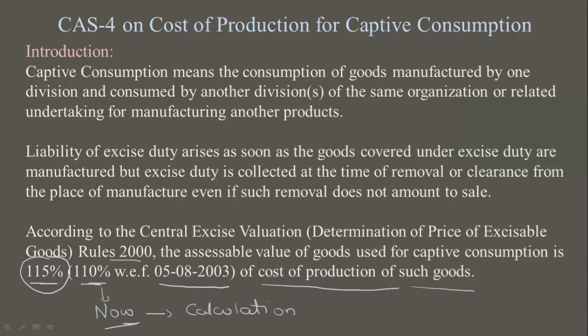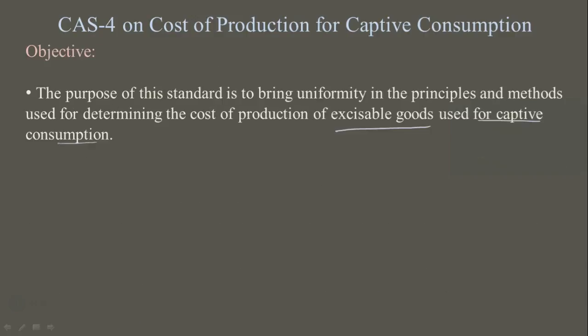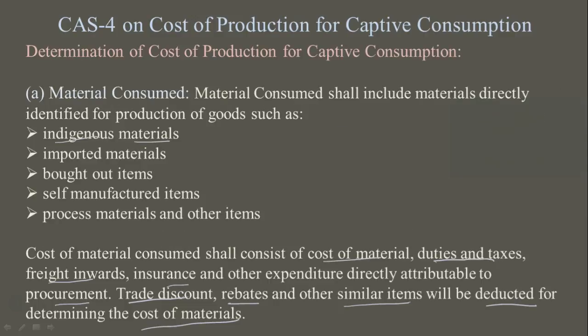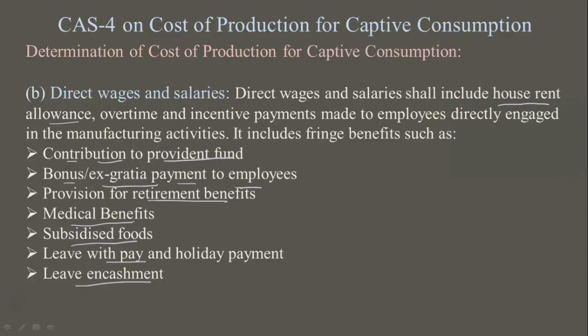So this is the most important point which we covered today. And then we saw some objectives, which are more simple. In this, we have to add material consumed, and material consumed includes indigenous materials, imported materials, any bought out items, any self-earned. All these things are included. Taxes are going to be removed.